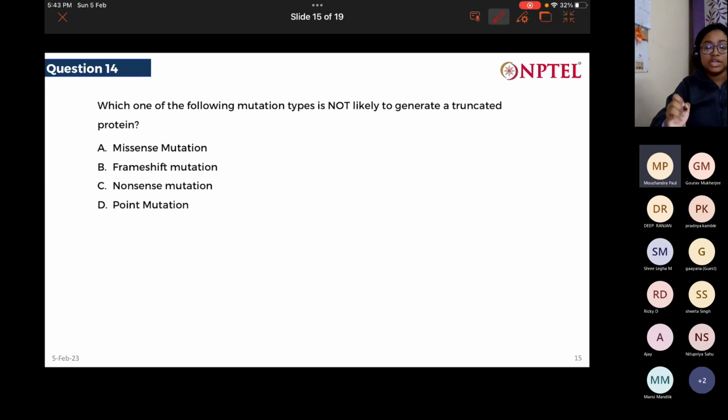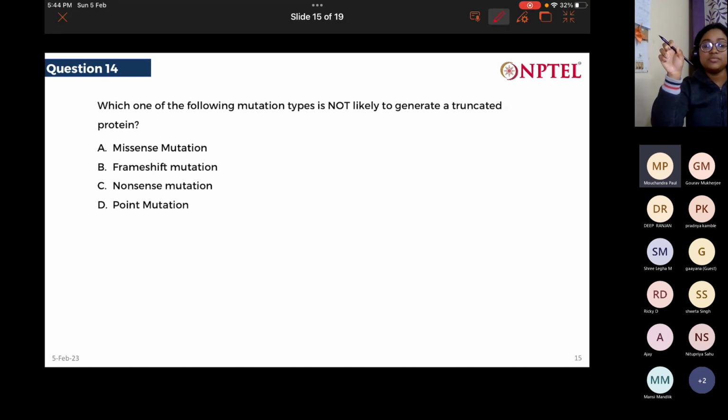And what about frame shift? A frame shift can lead to a truncated protein. Think like this: because of the frame shift, if you add or delete, you can get a premature stop codon. If you delete some sequences, and then you look at the DNA sequence and make sets of three, you can get a stop codon early.